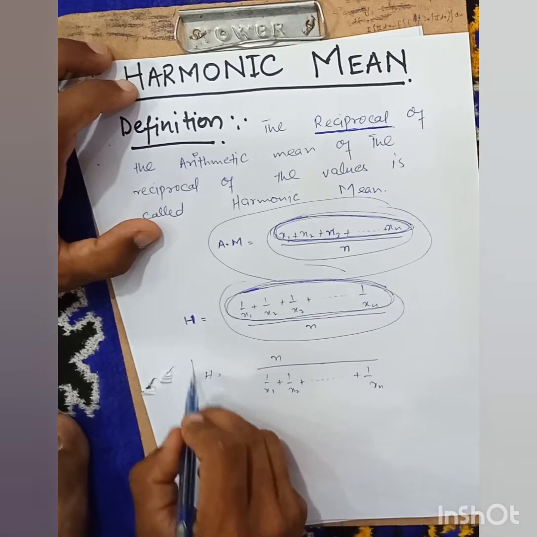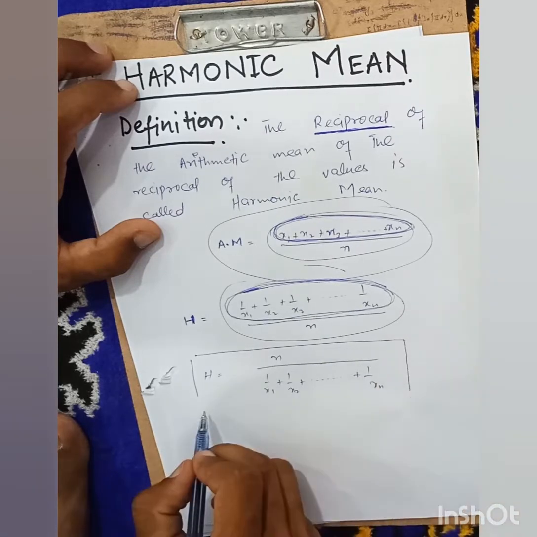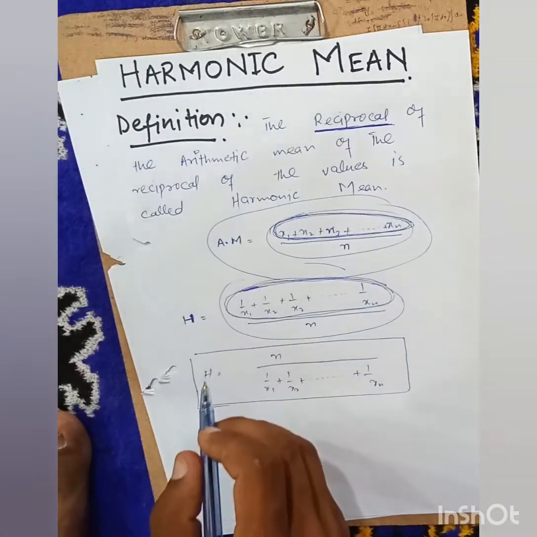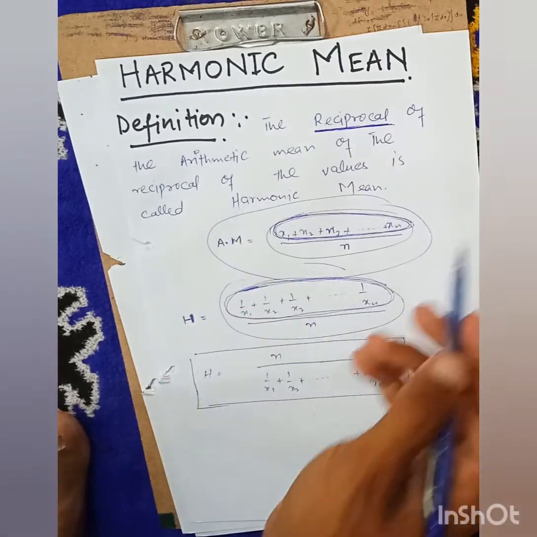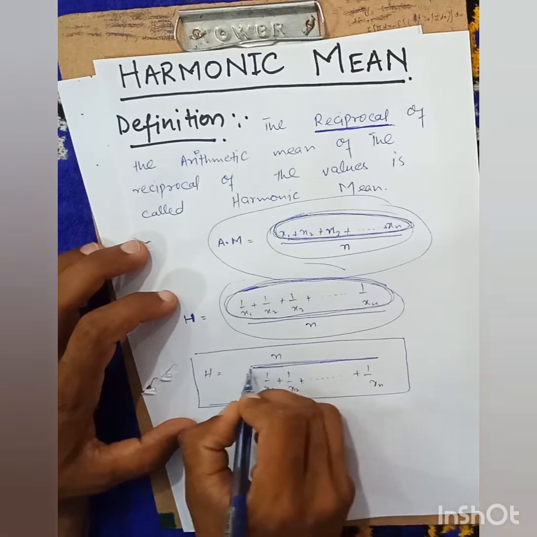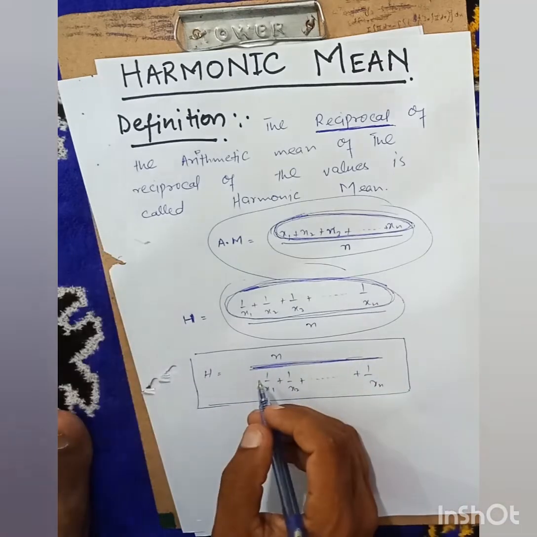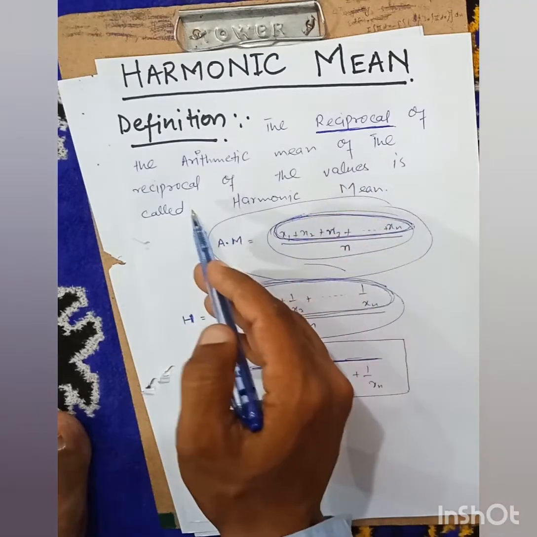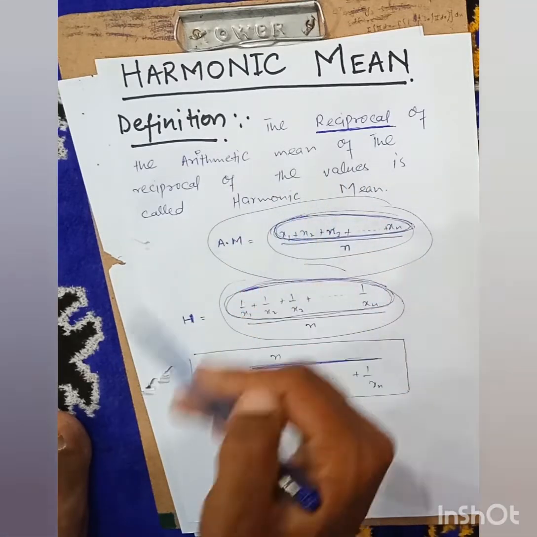So this is the formula of harmonic mean, and that formula comes out from the definition of harmonic mean. The definition is: the reciprocal of the arithmetic mean of the reciprocal of the values is called harmonic mean.